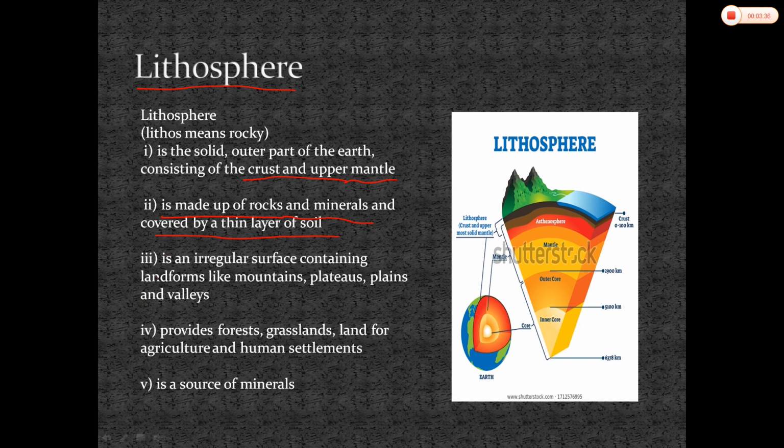The lithosphere is the uppermost layer of the earth on which we live. It is not even or the same everywhere. It is a continuously irregular surface. It contains landforms like mountains, plateaus, plains, and river valleys.